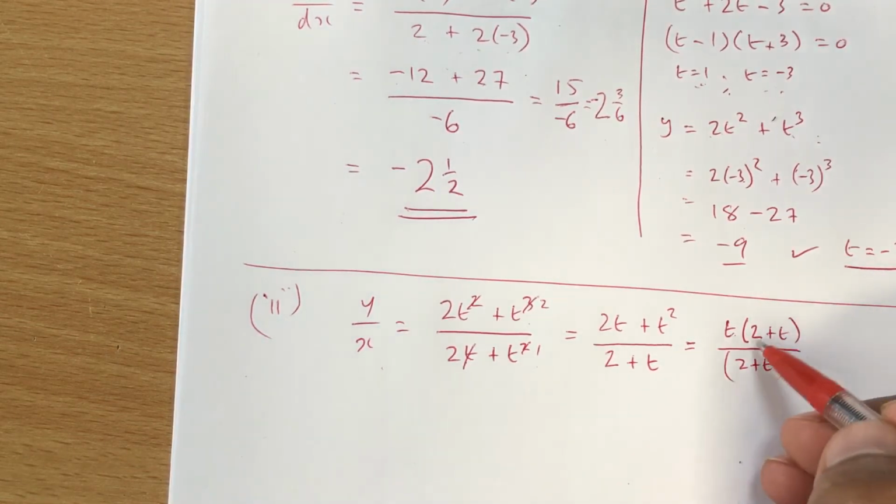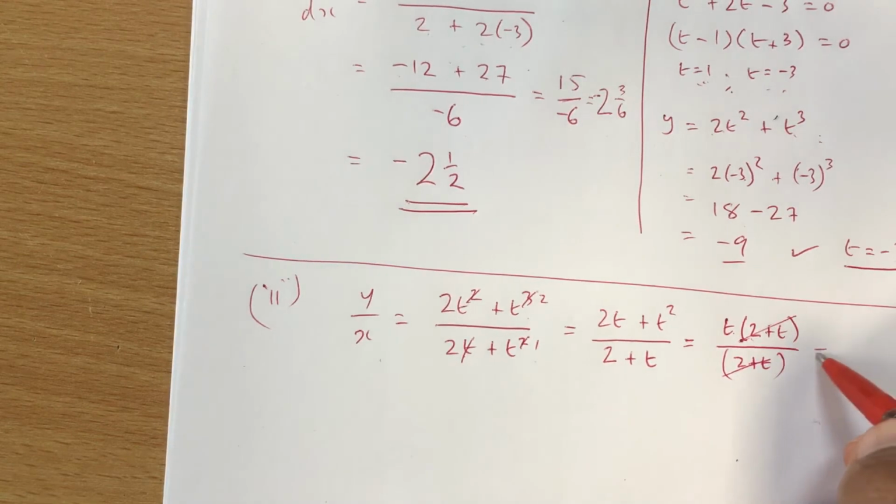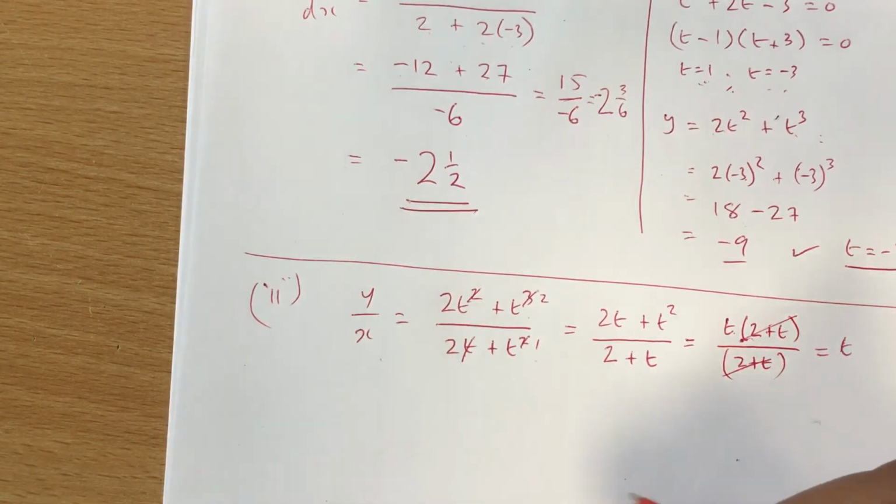And as I can see, these will also cancel out, so that just ends up with t. So y over x is just t.